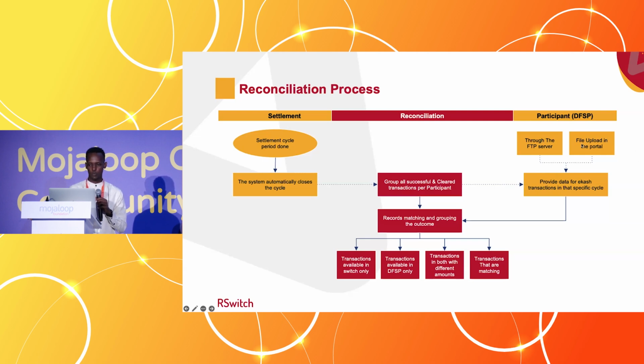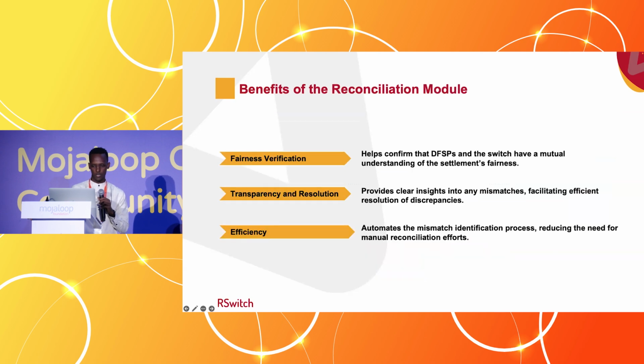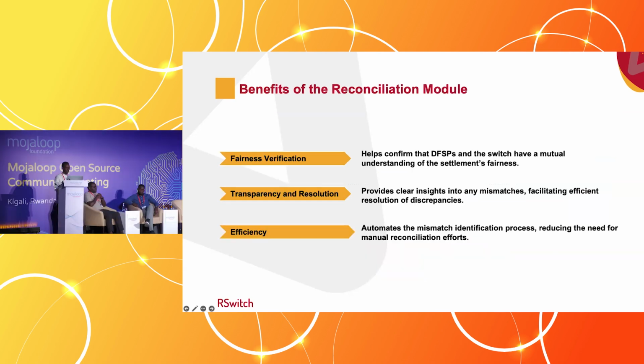When the DFSP uploads the data, the system matches the transactions in the switch against the transactions the DFSP has generated, and groups them into the categories we mentioned earlier. The benefits, as my colleague said, are fairness, transparency, resolution and efficiency, because it helps eliminate all the manual reconciliation effort.